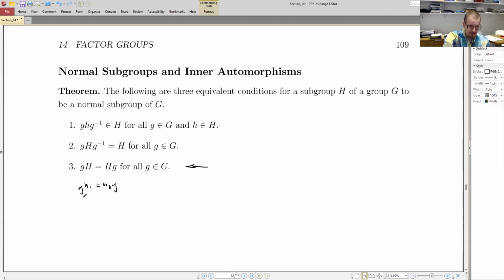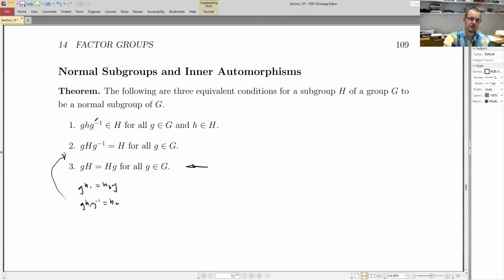If we have this, then that can give us that g H1 g inverse is equal to H2. And this is exactly what it would look like for us to have condition 2. So we can see that 2 and 3 are equivalent. But in order for us to have this means explicitly that gHg inverse belongs in there, right? That's the definition for these two things to be equal to one another.